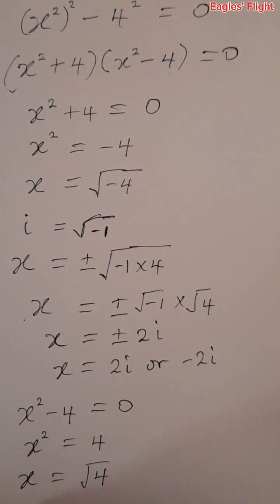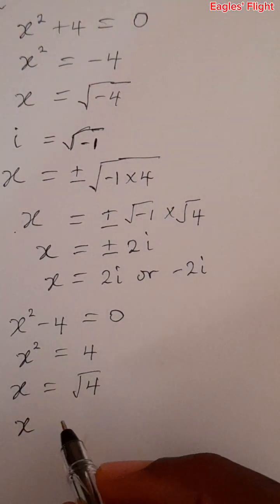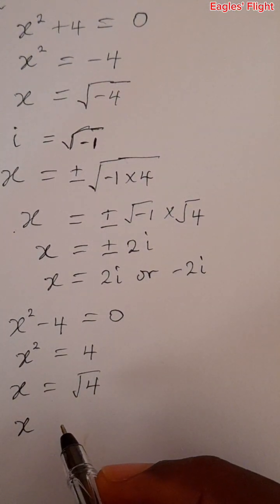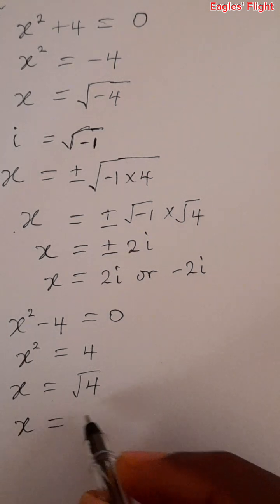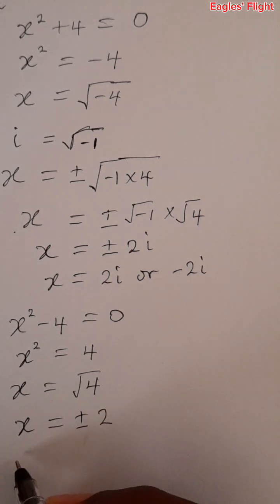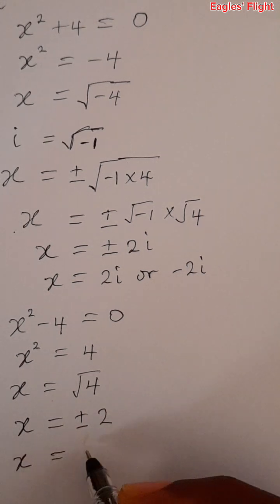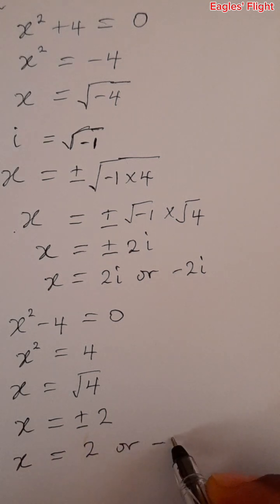And don't forget, whenever you find the square root of a number, you'll have a positive and a negative answer. So the square root of 4 gives us plus or minus 2, which is plus 2 or minus 2.